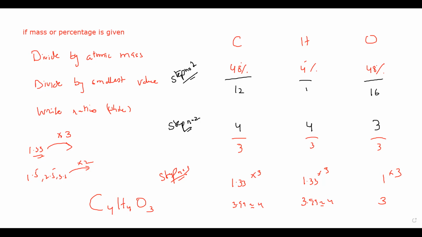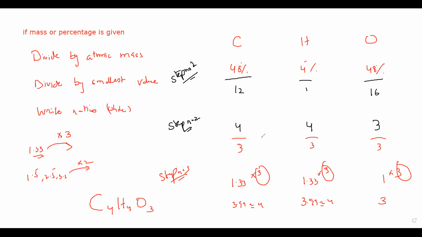Is this example clear? Yes, we can multiply. Basically, what we have to do is multiply by the smallest number which will convert them into a whole number. So if we multiply by 2, after 2 we have the next number 3. When we multiply them by 3, it will convert them into the nearest whole number.